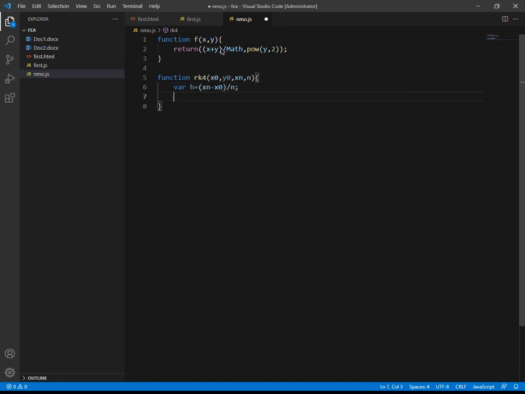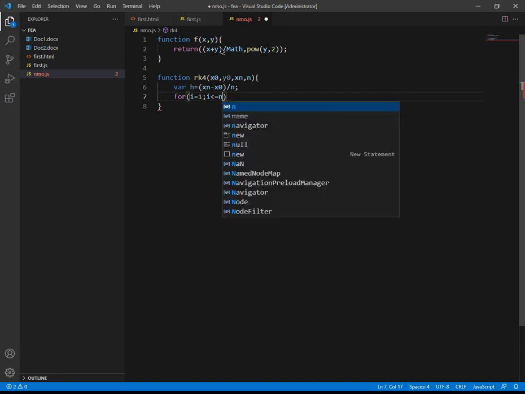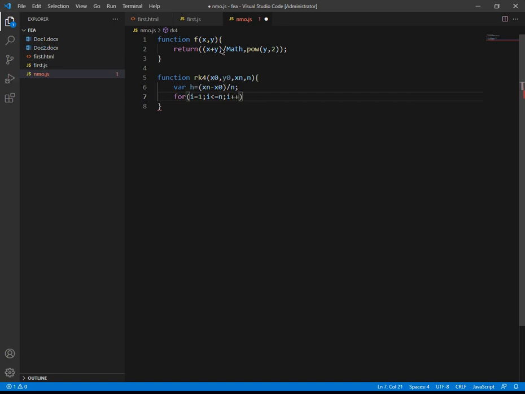This is how I calculate the value of h. Okay, so now I need to go for I is equal to 1, I less than or equal to the required target, that will be n, and in the step of increment 1.